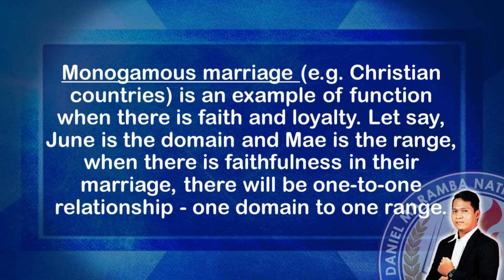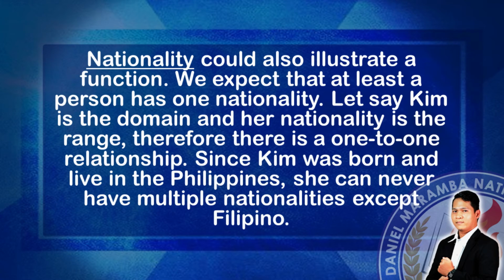Let's say June is the domain and May is the range. When there is faithfulness in their marriage, there will be one-to-one relationship. One domain to one range. Maaari rin na ang nationality could also illustrate a function.